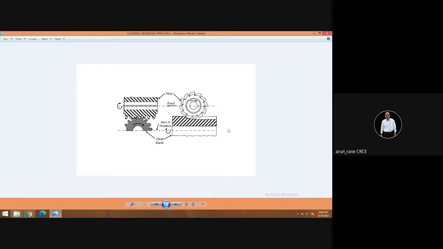So 150, plus you have to take approach. You cannot directly dash the cutter here. So approach of 2 mm and overshoot, that is overrun, of 2 mm. So the total machining length will be 100 plus 25, 25, that is 50, 150, plus 2 and 2, that is 4. So it will be 154.